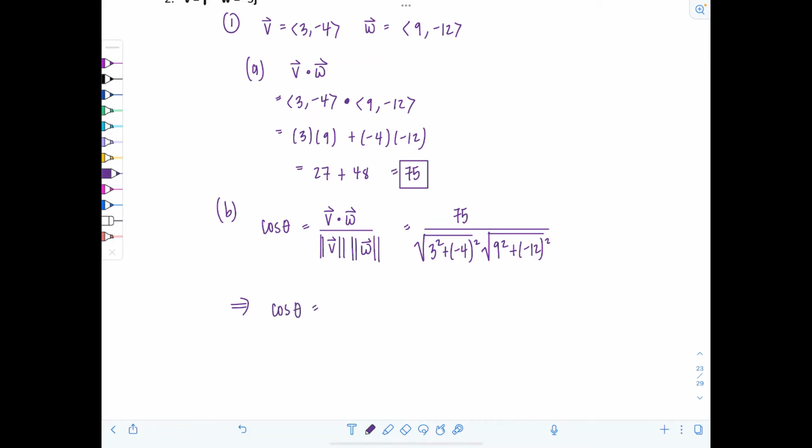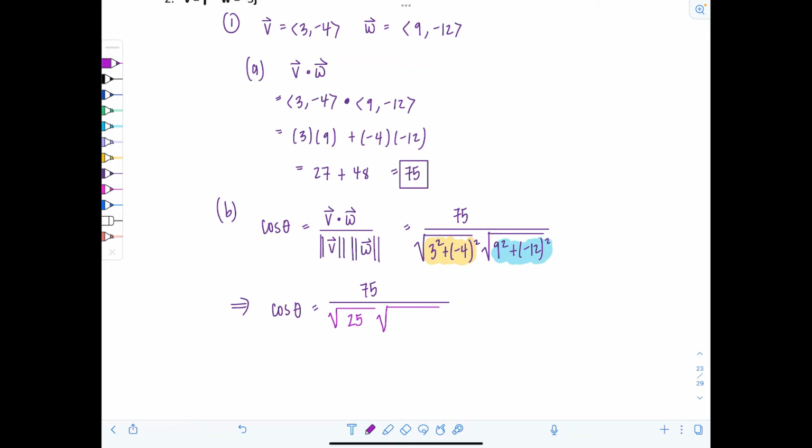Cosine of theta is equal to 75 over, oh, I love it, square root of 3 squared plus -4 squared. That's going to be square root of 9 plus 16, which is 25, is it not? And then square root of 9 squared plus -12 squared, that's square root of 81 plus 144.